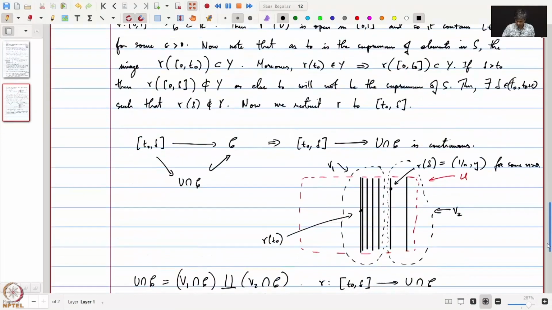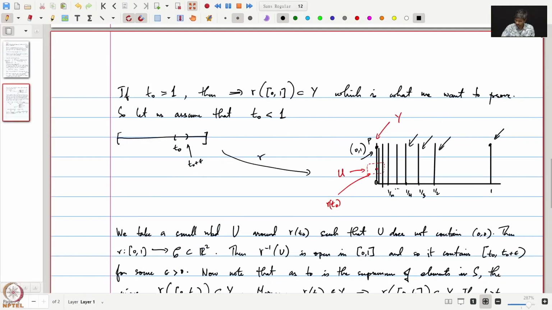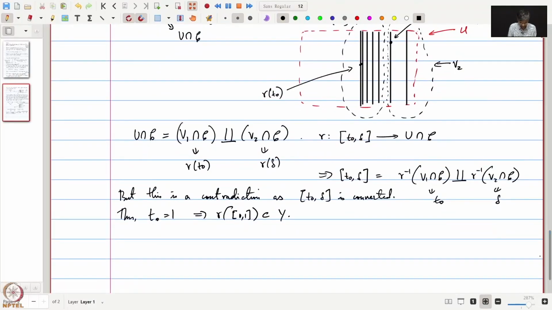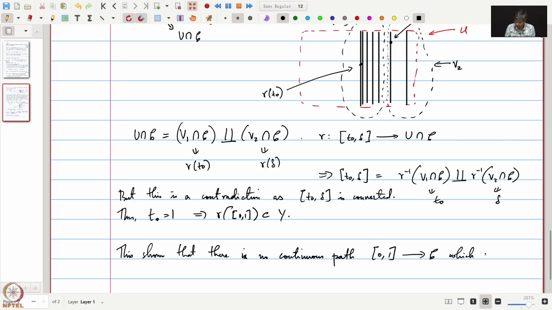So if I take this point, this is (1, 1), right? So this shows that there is no continuous path from (0, 1) to C which joins these points (0, 1) and (1, 1).